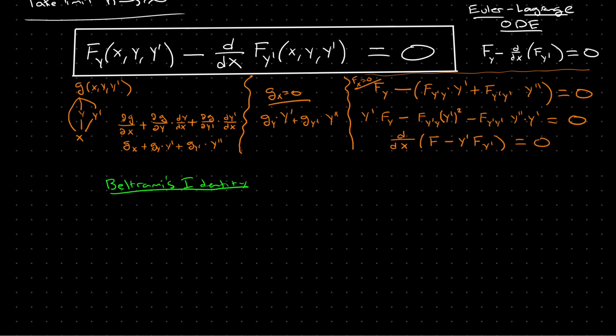If the derivative of this expression is equal to 0, it must mean that the solution to this differential equation, which is a second order differential equation, remember, so the first integral of this ordinary differential equation is going to be f minus y prime times f_y' must be equal to a constant c. And you'll remember from method 1 that this is exactly the differential equation that we derived using the method of finite differences.